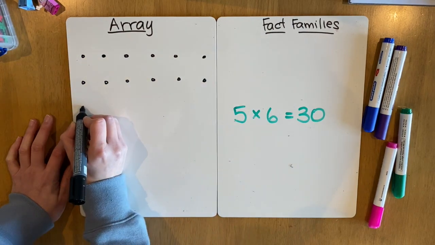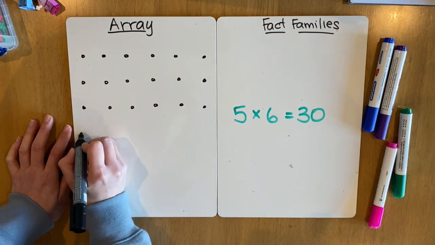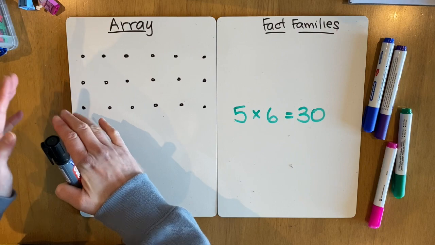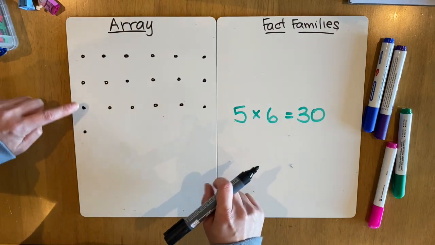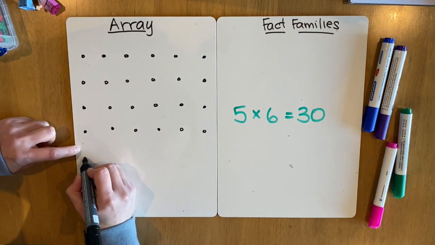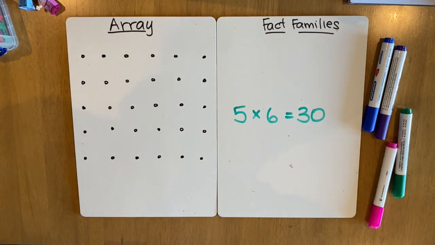It's really important to make sure your arrays are really neat, because if your dots aren't aligned, you might get a little bit muddled. Okay, so I want 5 groups of 6. 1, 2, 3, 4, 5. So I've got 5 groups of 6.